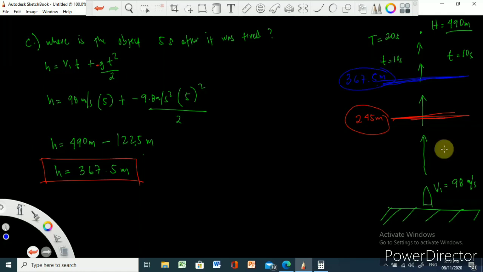Okay, so why is that? How would you explain this? I want you to think about this. We expected it to be in the middle after 5 seconds, but based on our computation, after 5 seconds it's already almost near the top of its trajectory, at 367.5 meters. So, think about it. I hope you understood.